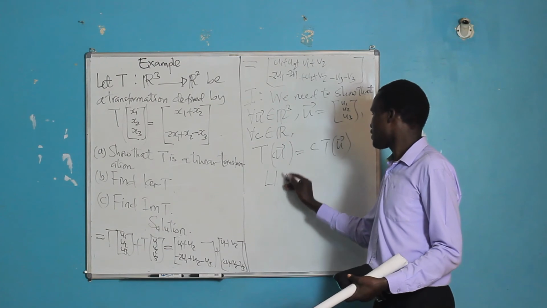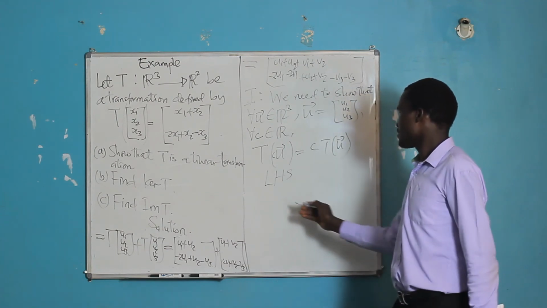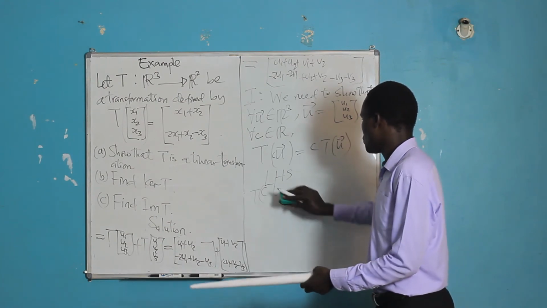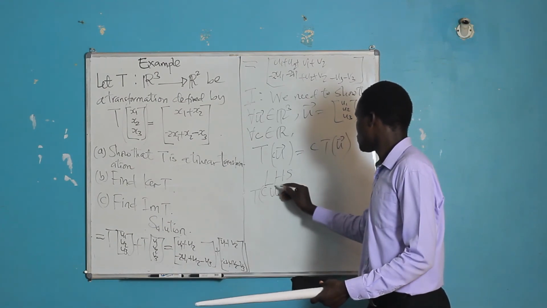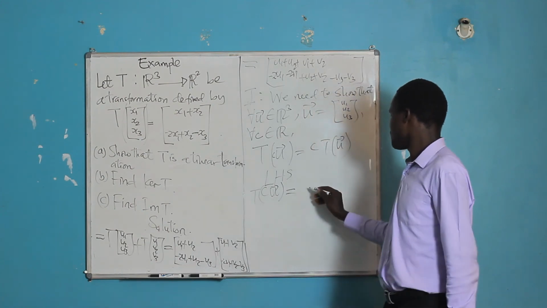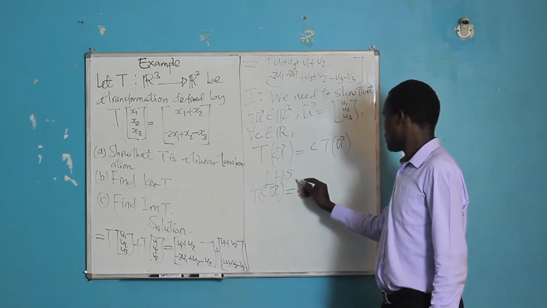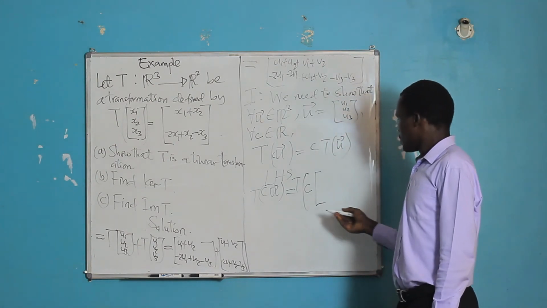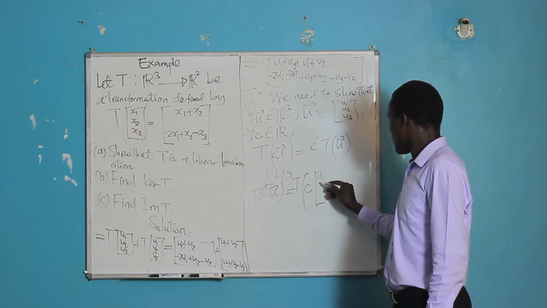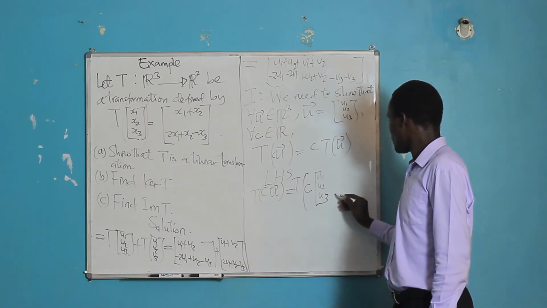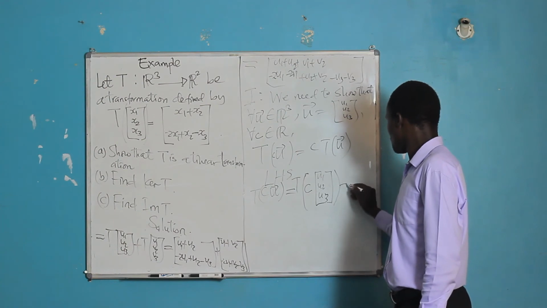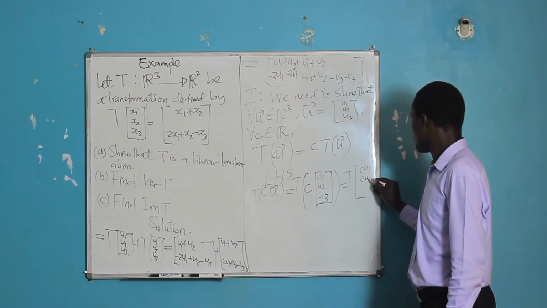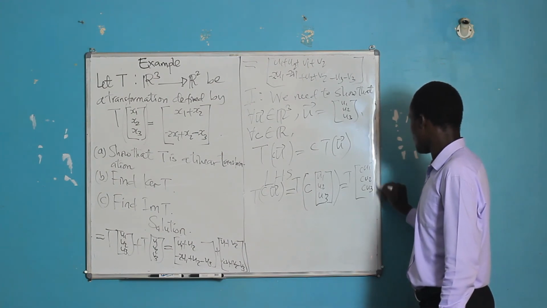So let's start from the left hand side. From the left hand side, we take T of C of U. Now, this here, it's T of, what's vector U? That's entries U1, U2, U3. It's T of C U1, C U2, C U3.